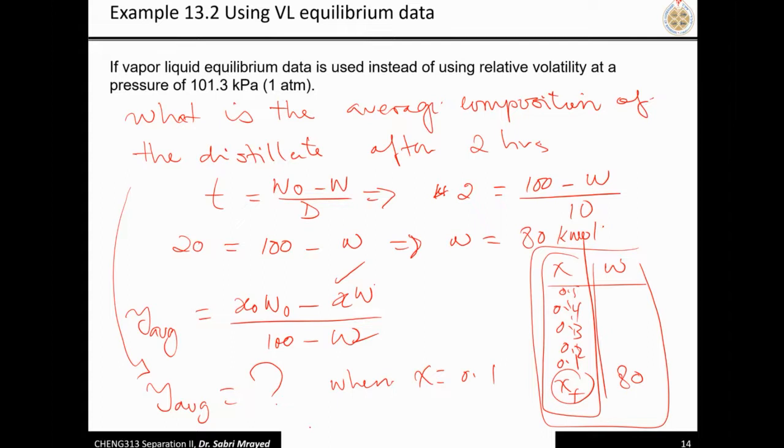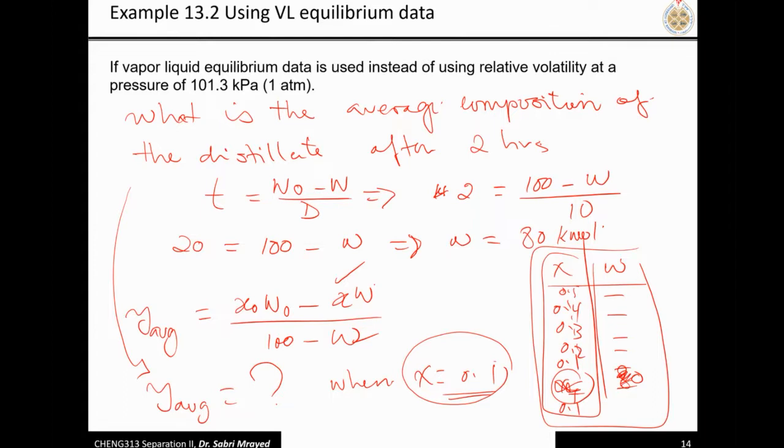So as you see here, there's no trial. You don't know x, you don't know w. All you have to do is generate this table until the final xf. The xf in this case is given as 0.1 here, so you don't have to try it on xf. All you have to do is just fill up this one, based on the equation which you already used, the main equation of this batch distillation.